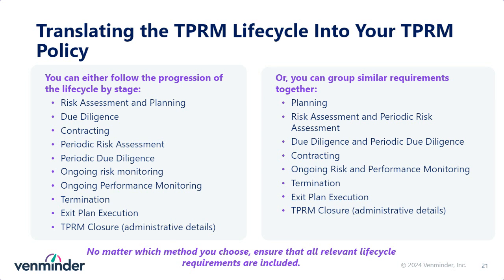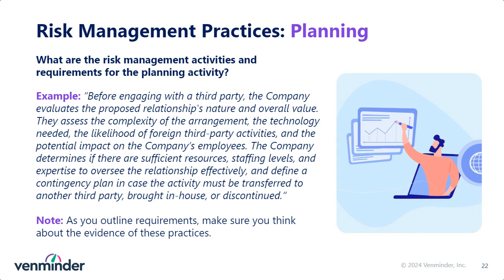Now, planning is an often overlooked but really important aspect of third-party risk management. So we want to talk about how our organization plans for these relationships. In this example, we've used that they evaluate the nature of the relationship and its complexity and value.